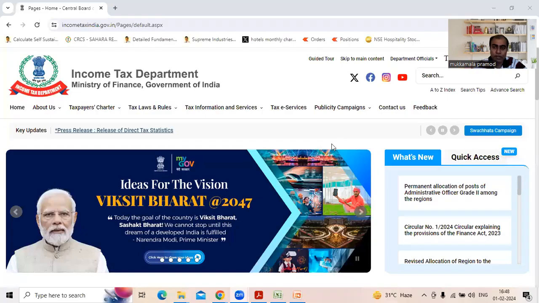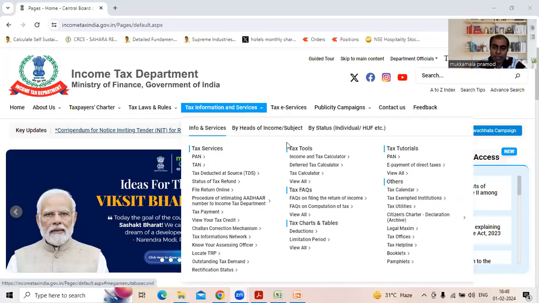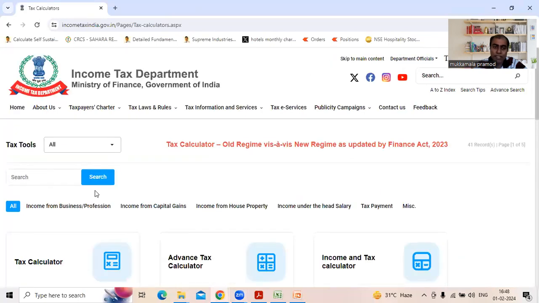So let's look at the same example from the tax calculator, which is provided from the Income Tax of India website. I have just opened the Income Tax of India website, and here if you see, there is something called tax tools. You can click on view all, and this would take you to the search page.